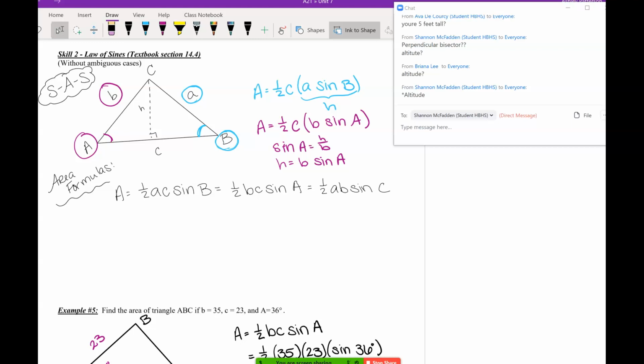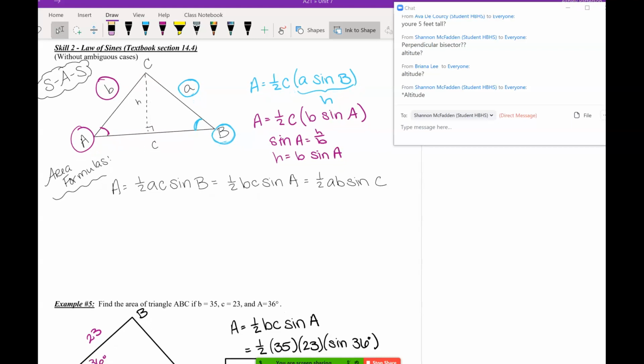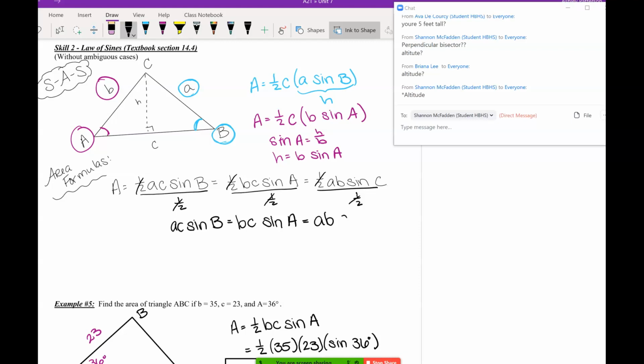So I'm going to divide every piece by 1/2. And I can do this because I'm doing it to all 3 of them. So therefore, it is equal across the board. Okay, so then the 1/2s are going to cancel. And we're left with AC sine B is equal to BC sine A is equal to AB sine C.